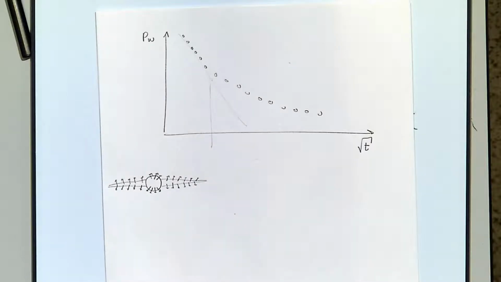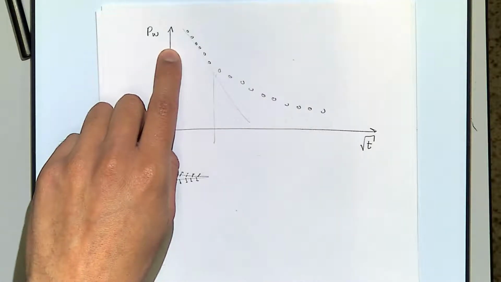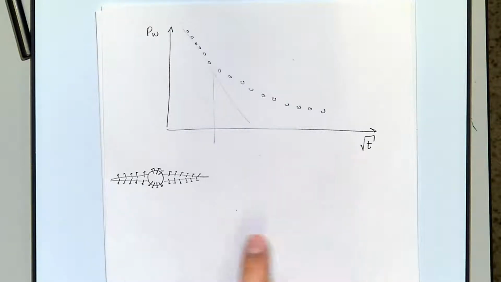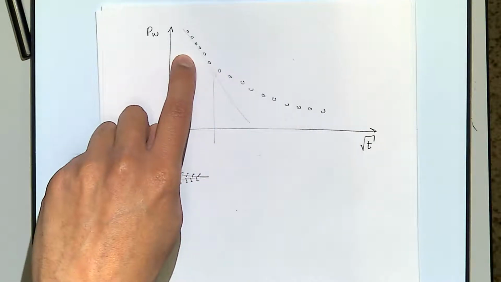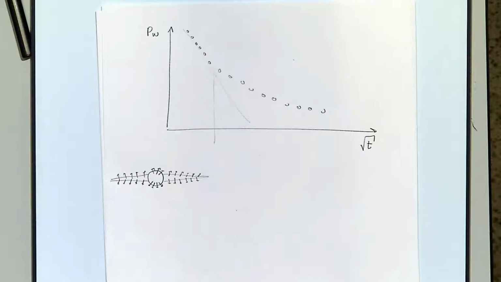Because that's going to help you realize when you have radial fluid flow and when you have linear fluid flow. When you plot pressure versus square root of time for a linear system like this, it is going to line up in a line, but when it's radial flow, it's not going to line up in a line. It's going to be a curve.